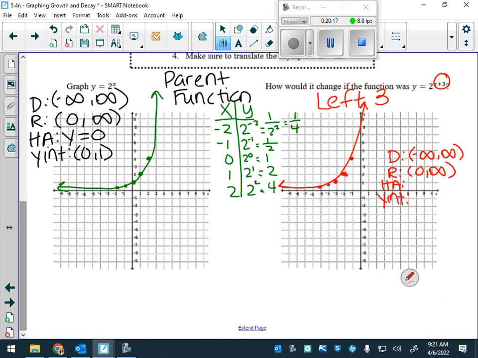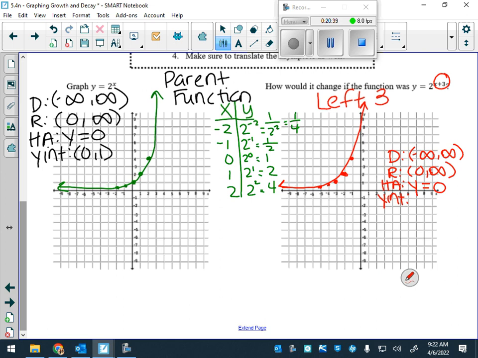What else would stay the same? Good. The horizontal asymptote is still y equals 0. Okay? So, if you're moving left or right, domain, range, horizontal asymptote are not affected. They stay the same as your parent function.